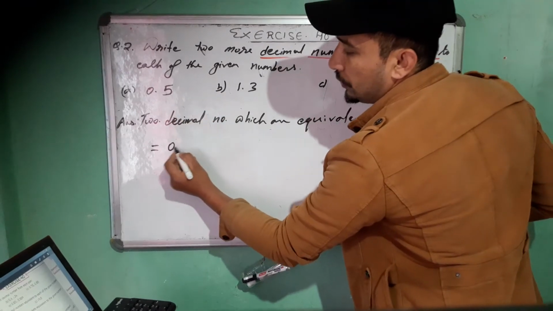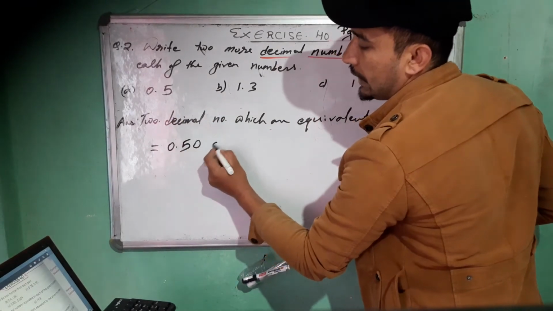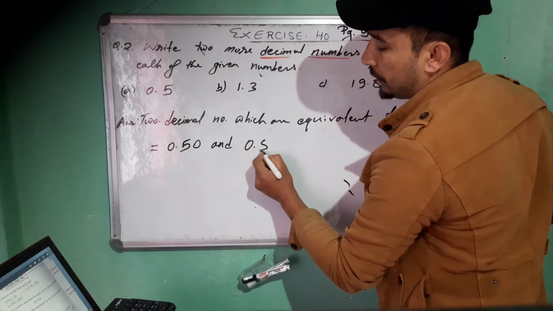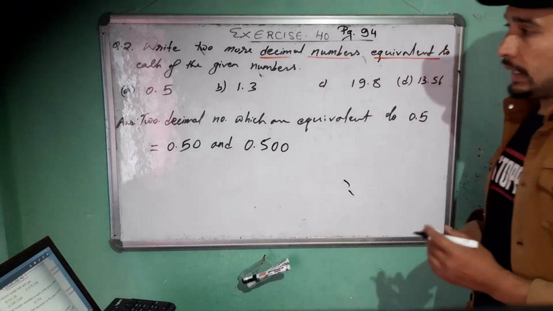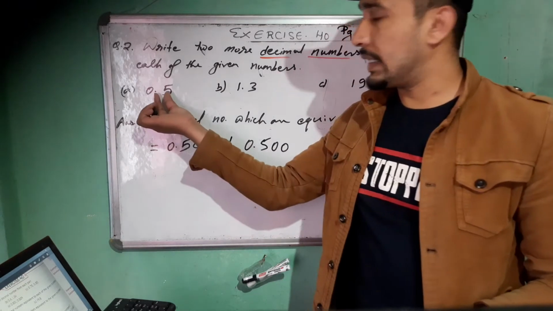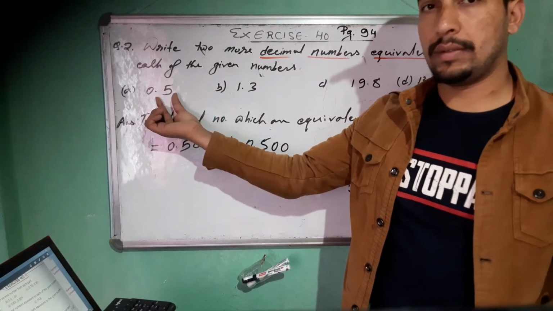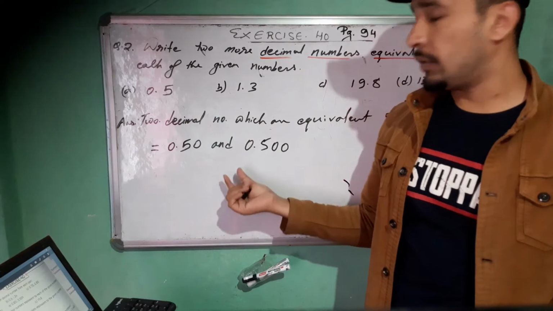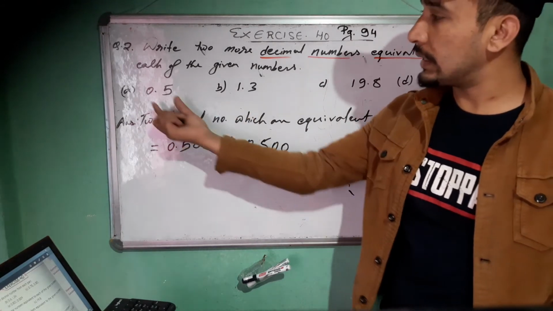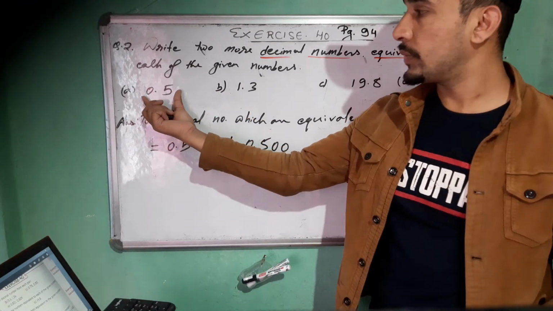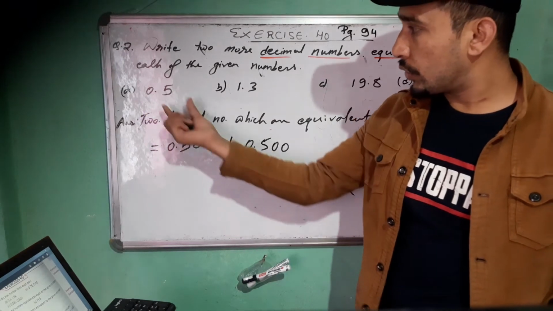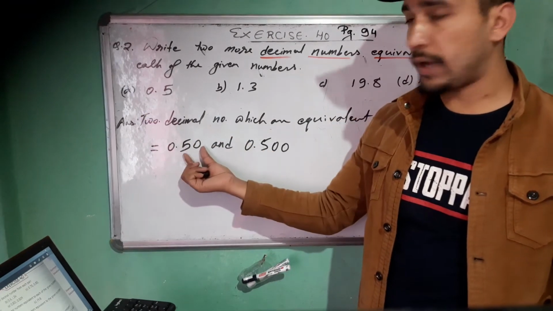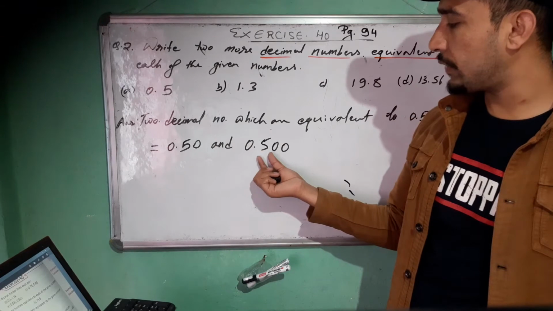Okay, so 0.50 and 0.500. If you add 0 after the decimal point, if you add 1 zero, 2 zeros, 3 zeros, whatever number of zeros, then it won't affect the value of this decimal number. Okay, so 0.5 is equal to 0.50 and it is also equal to 0.500.